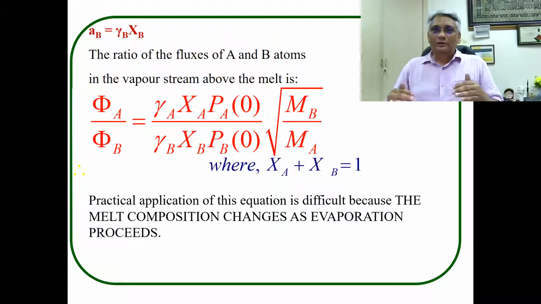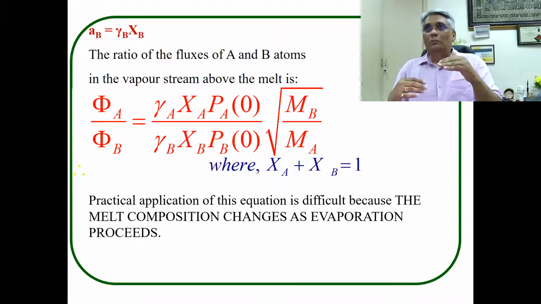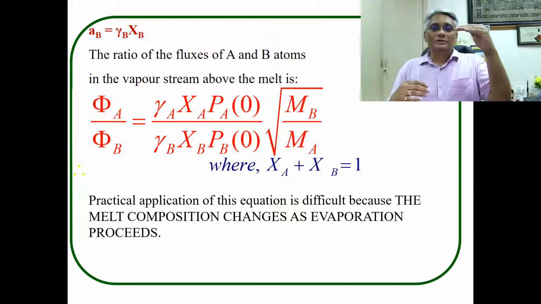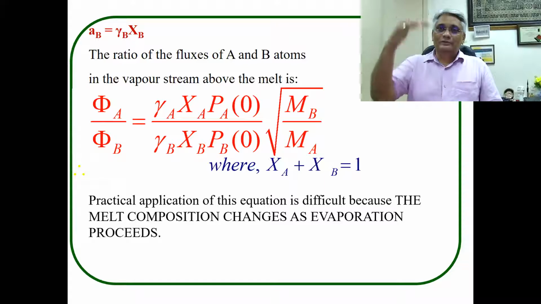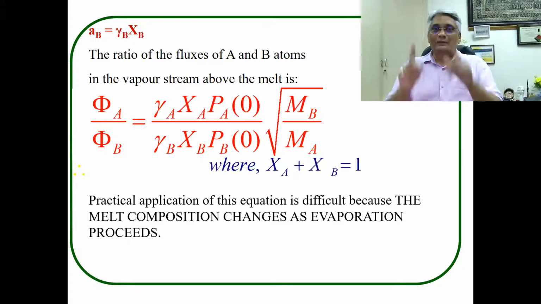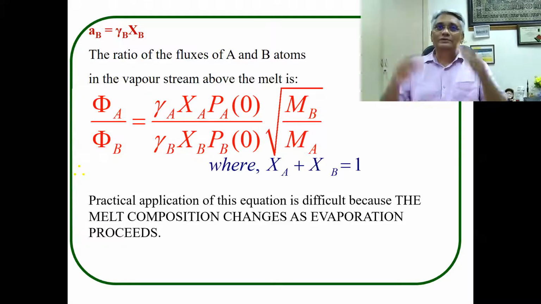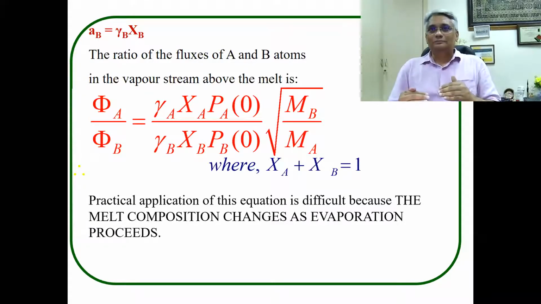Which means your melt composition is doing more of A initially, let's say, and so more of A atoms go and deposit on the substrate, and then B atoms deposit on the substrate, and then you must ensure that there is sufficient substrate heating in order for the A and B atoms to react with each other to give that alloy composition. Okay.